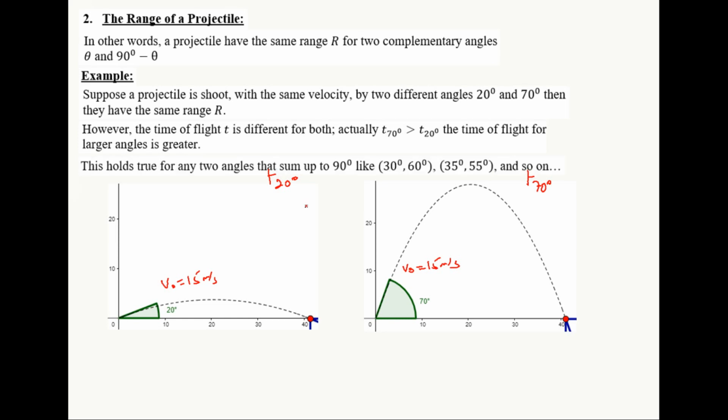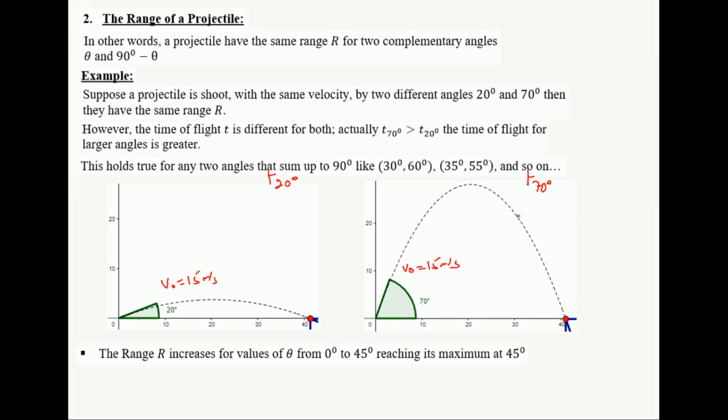This holds true for any two angles that sum up to 90 degrees, like 30, 60, 35, 55, and so on. You can choose any two angles that sum up to 90, any choice, 10, 80, 15, 75, 20 and 70, any two angles. That would give you the same range. However, the projectile with the greater angle would have the greater time of flight.